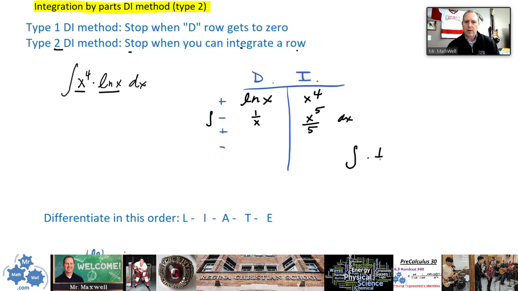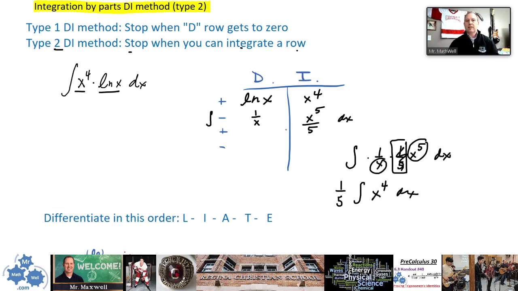I have 1 over x times, and I'll just separate this a little bit, x to the 5 over 5. Well, this is a constant, which I can actually bring out to the front and just totally forget about when I'm integrating. And look at what I have left over. I have actually x to the 5 over x. What's that? That's x to the 4.